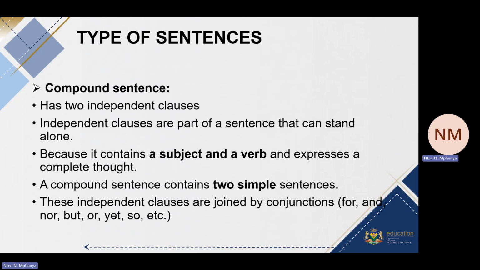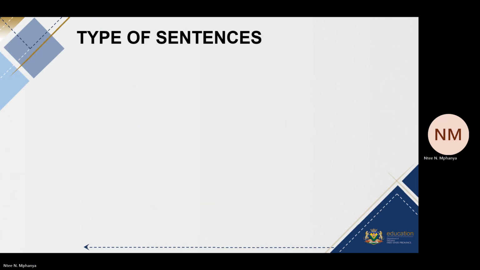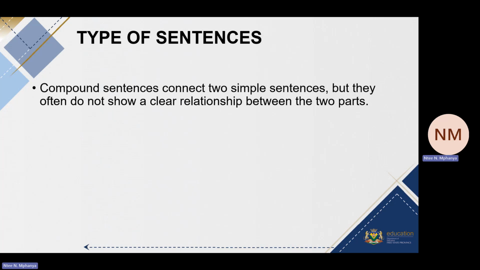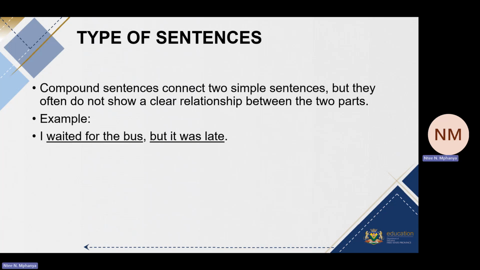These independent clauses are joined by conjunctions: for, and, nor, but, or, yet, so, etc. Compound sentences connect two simple sentences, but they often do not show a clear relationship between the two parts. For example, I waited for the bus, but it was late.